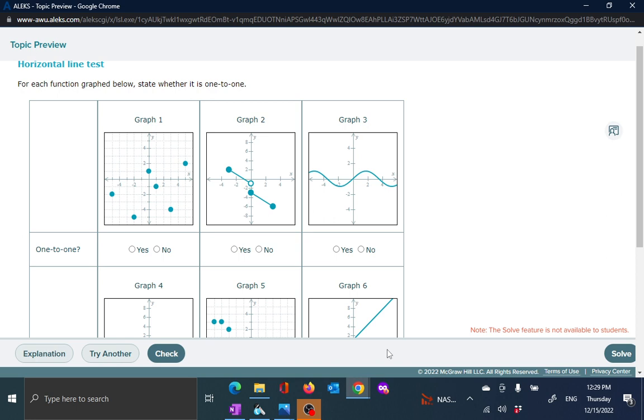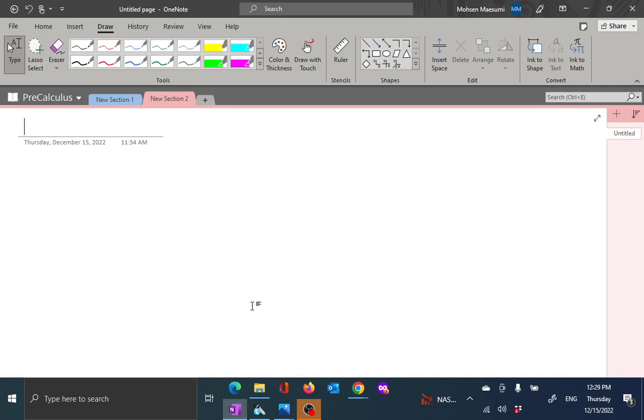Stated in another way, if any horizontal line cuts the graph in more than one place, then the graph does not pass the horizontal line test and the corresponding function is not one-to-one. Let's go ahead and check this.